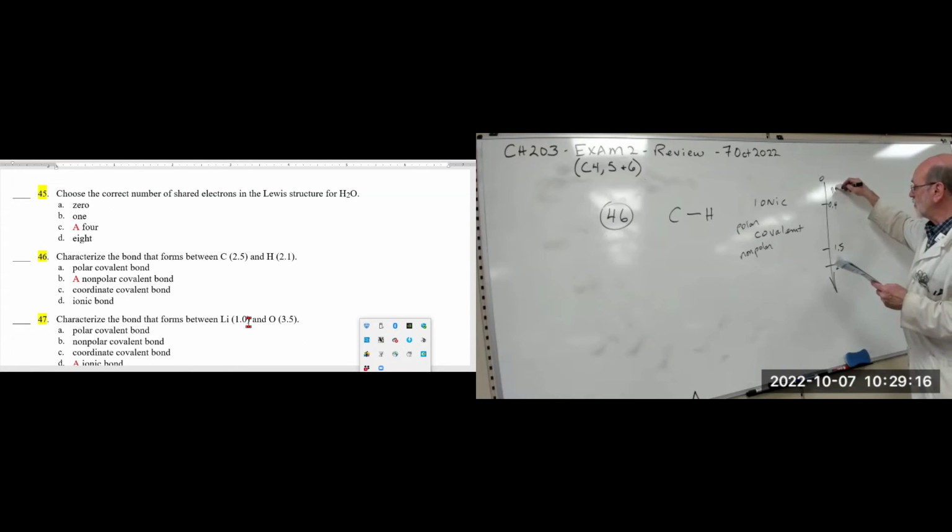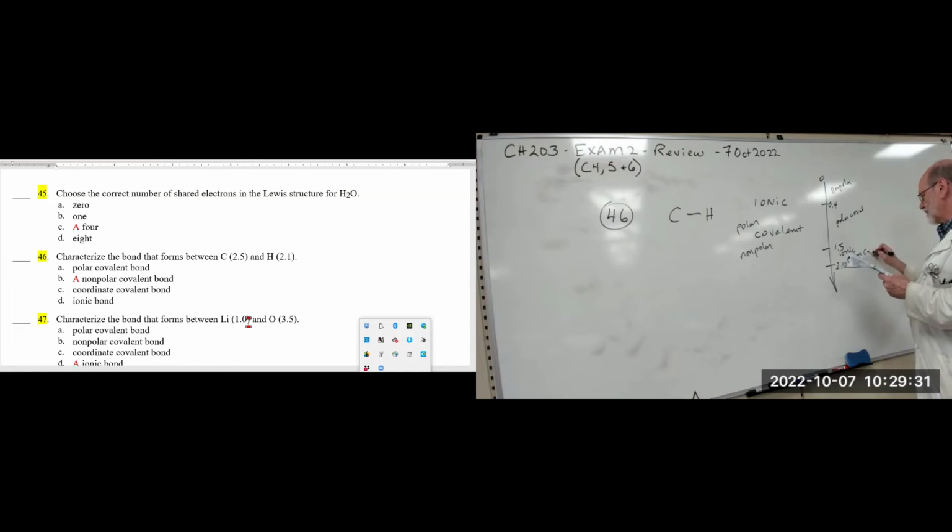These are nonpolar covalent. These are polar covalent. These are ionic or polar covalent. And these are ionic, pure ionic.